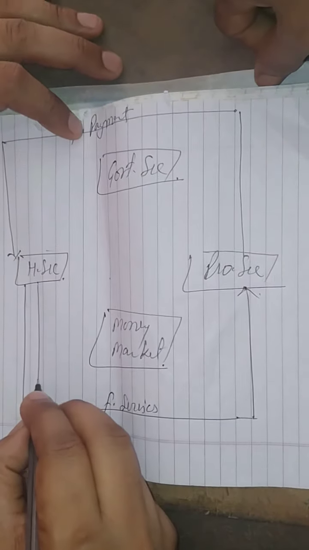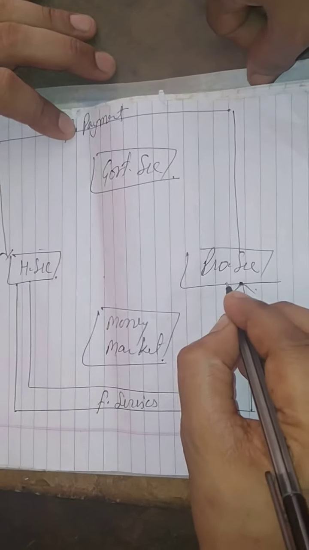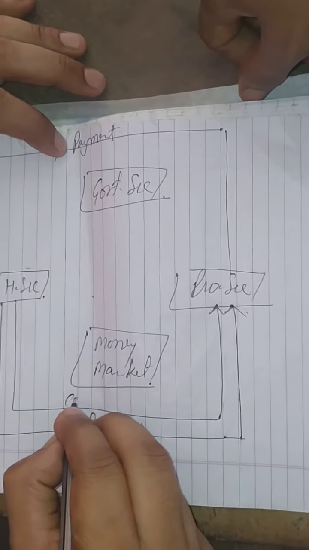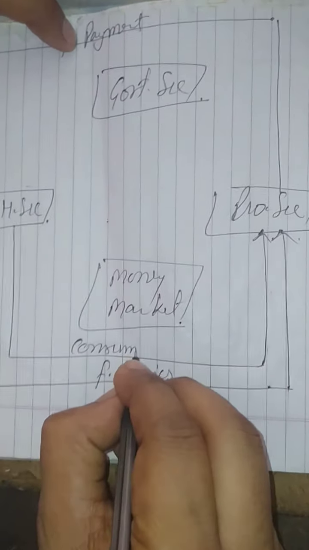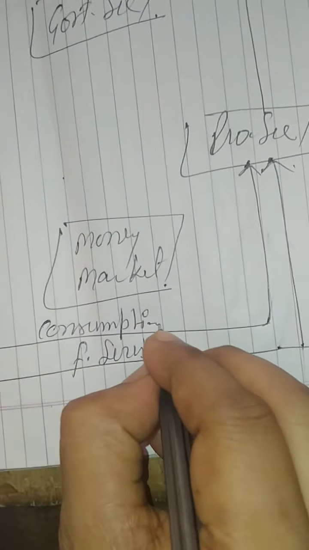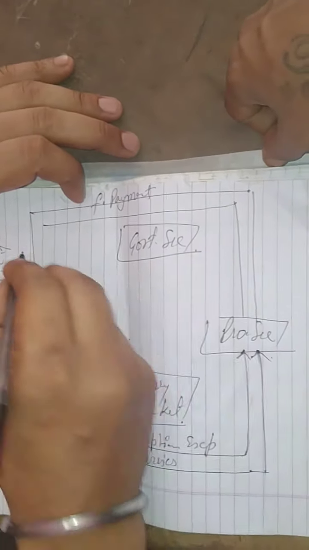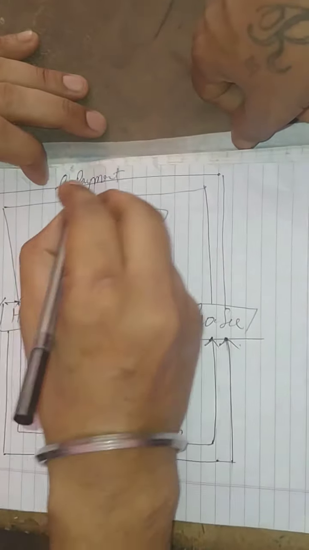The household sector makes consumption expenditure in the production sector. The production sector provides goods and services to the household sector.